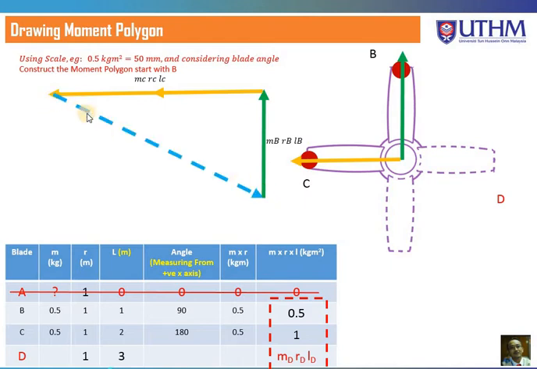So drawing the additional line from C to B will represent the value of moment for D.